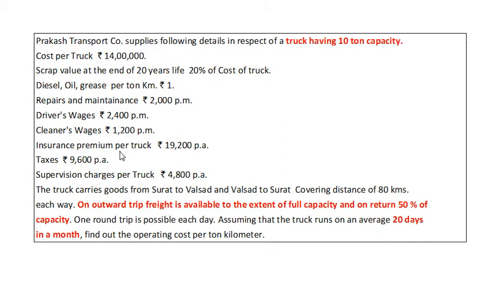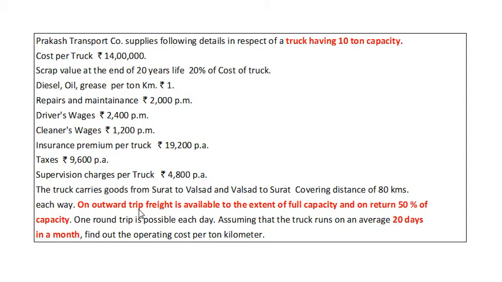Insurance premium per truck rupees 19,200 per annum. Taxes rupees 9,600 per annum. Supervision charges per truck rupees 4,800 per annum. The truck carries goods from Surat to Valsad and Valsad to Surat, covering distance of 80 kilometers each way.